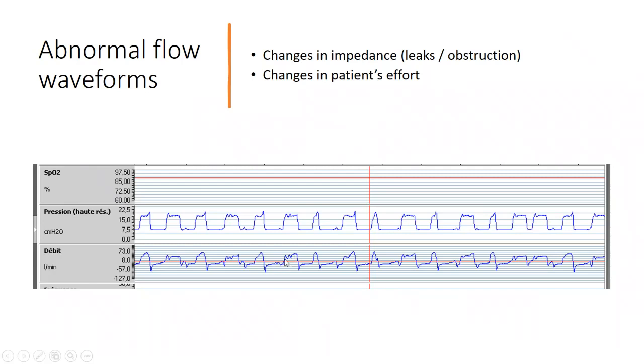The time constant is almost flat, similar to the pressure waveform. Probably here is a cycle with leaks, here, here, here. Here probably is a cycle with an intracycle effort. Here some leaks, and so on. So the summary is that abnormal flow waveforms are caused by these two different situations: changes in impedance or changes in the patient's effort.